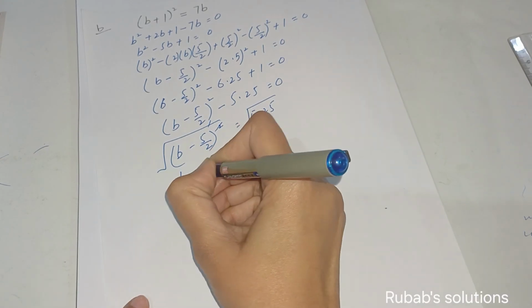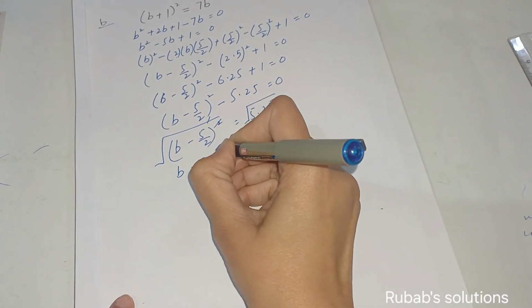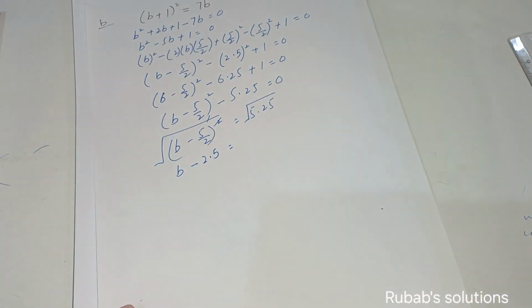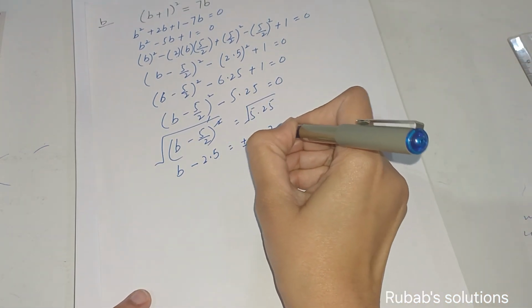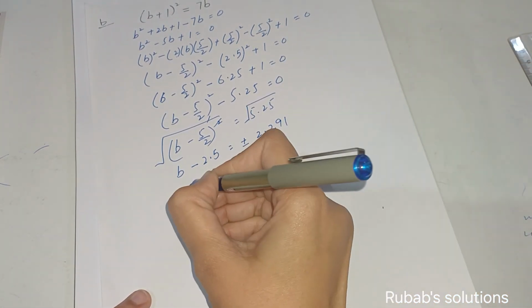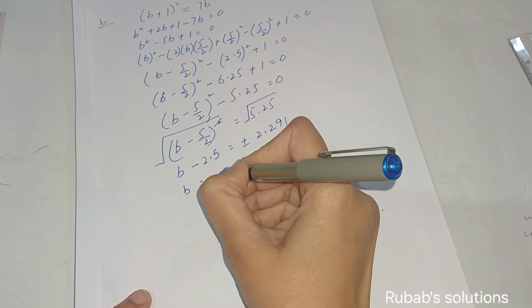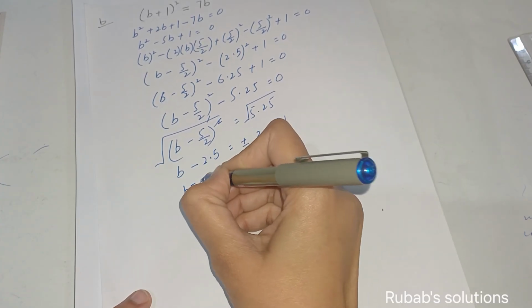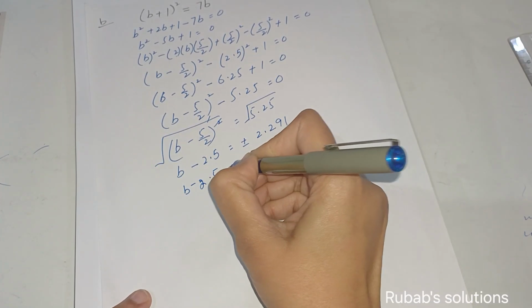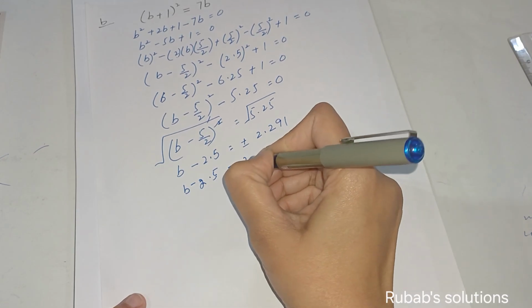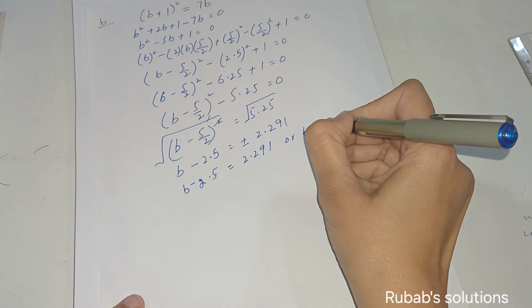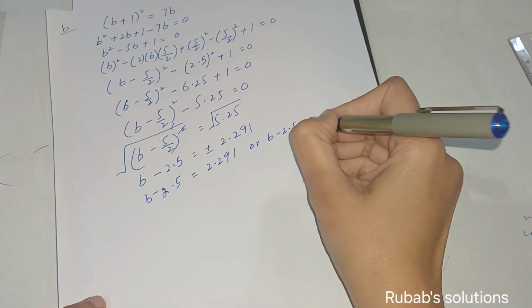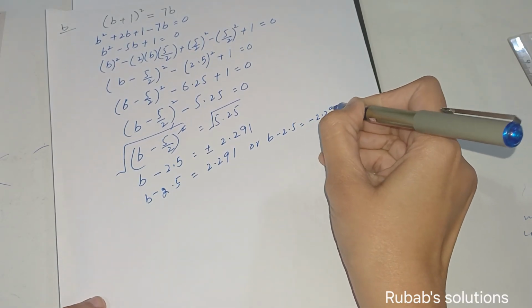Taking square root on both sides, this will cancel. It will become b minus, I am also writing 2.5, is equal to plus minus square root of 5.25, which is 2.291. Okay, one time in plus and one time in minus, it will become b minus 2.5 is equal to 2.291, or b minus 2.5 is equal to minus 2.291.